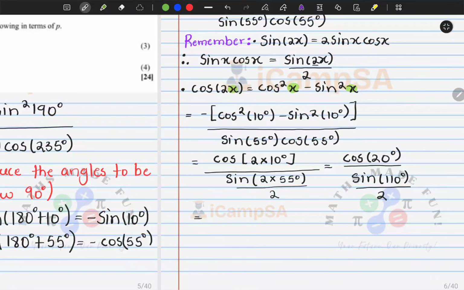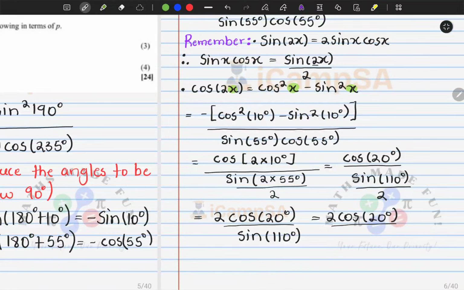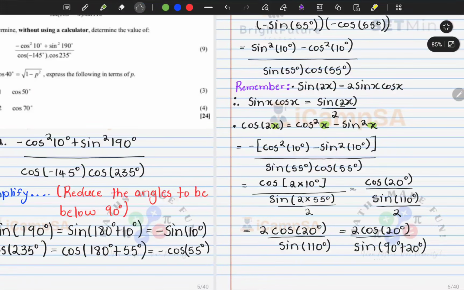Okay. Of which this, if you observe carefully, the 2 there will end up coming here. And you'll have cos of 20 degrees divided by sine of 110 degrees. For which 110 degrees we can simplify. Okay, 110 degrees, if you think carefully, that is the same as 90 plus 20. Okay, and we know how to deal with this.